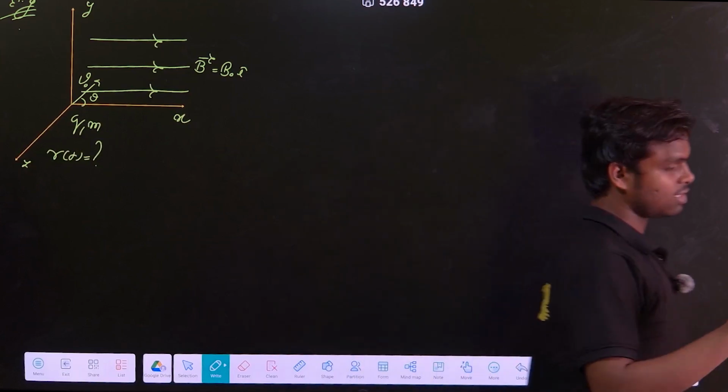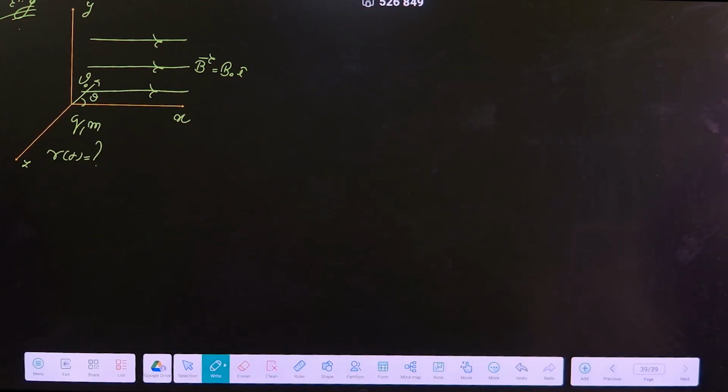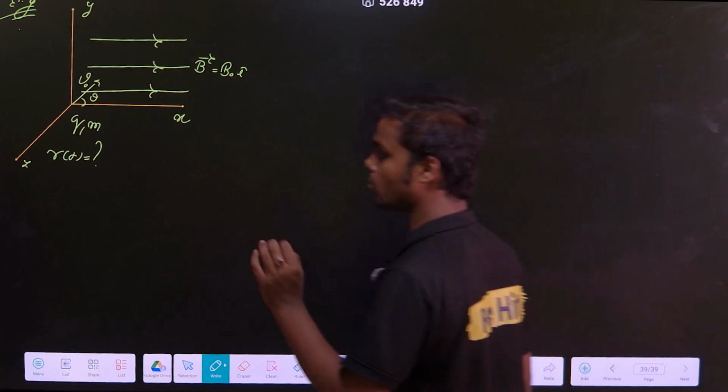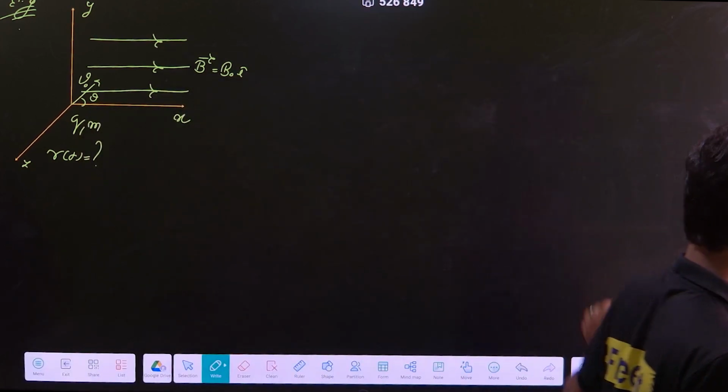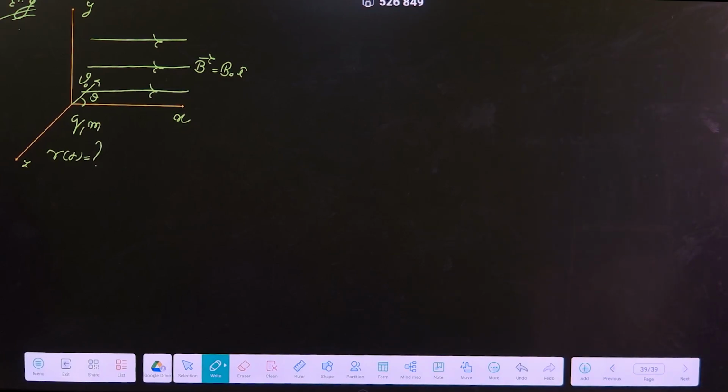Just think for a second and then tell me the answer. I am giving you a proper 1 minute to solve it. Give your 100% and try to solve this question. Tell me what is the position vector at time t.